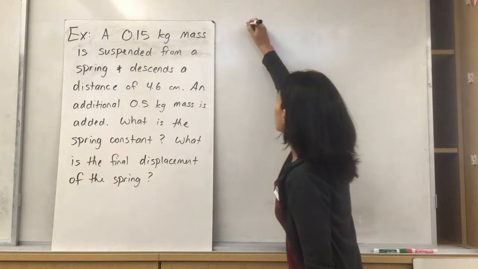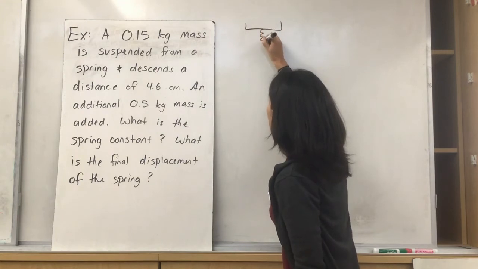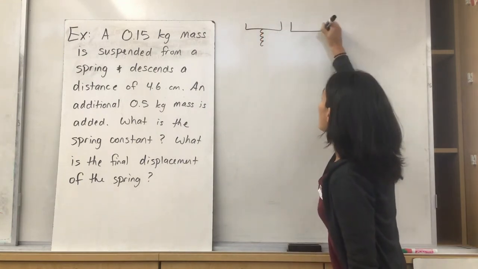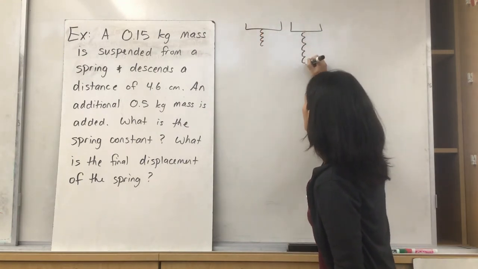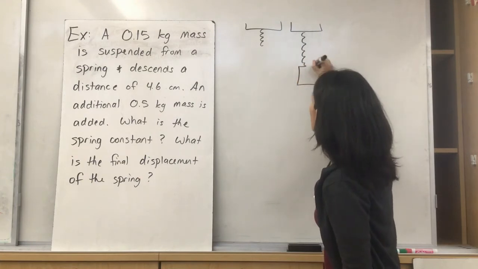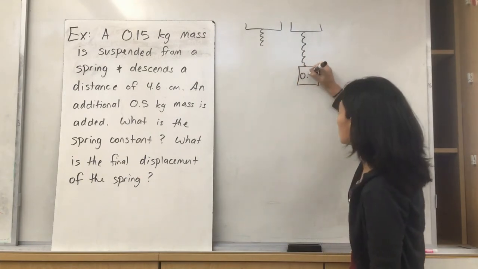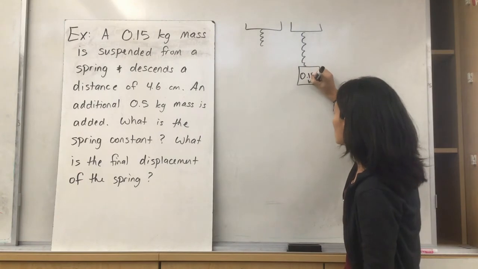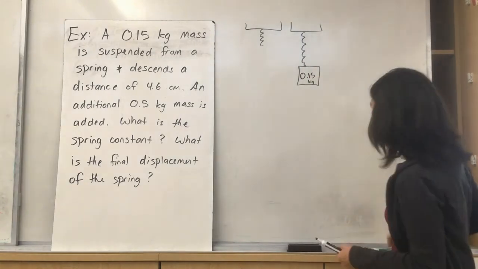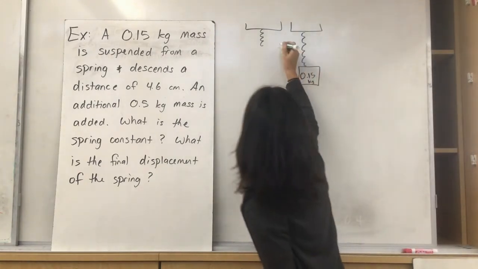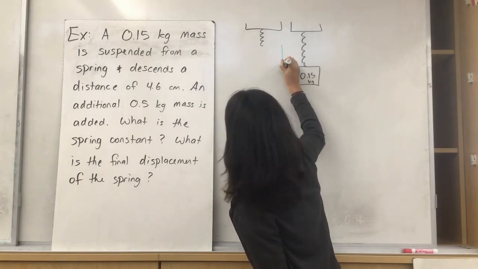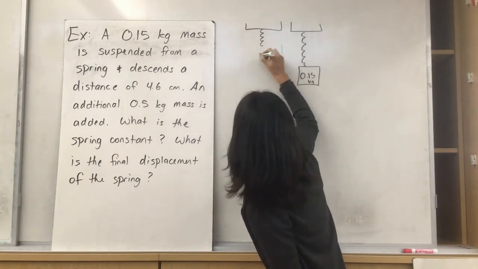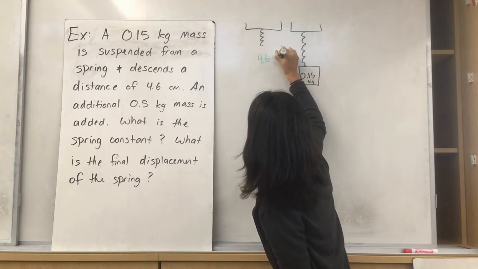So let's visualize this. I have this spring and then I add this 0.15 kilogram mass, and when I do that, it moves downwards 4.6 centimeters. I'll have to convert that.